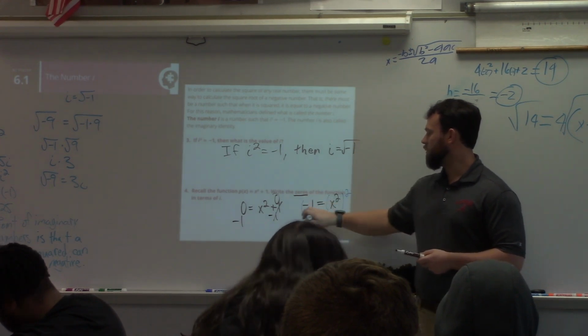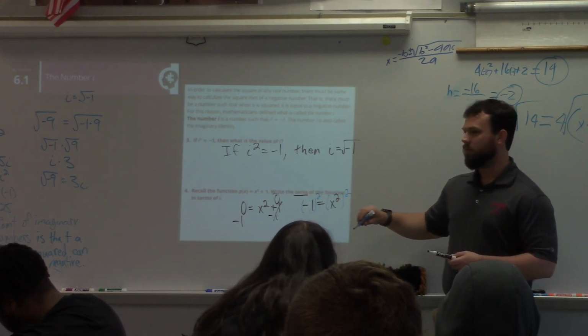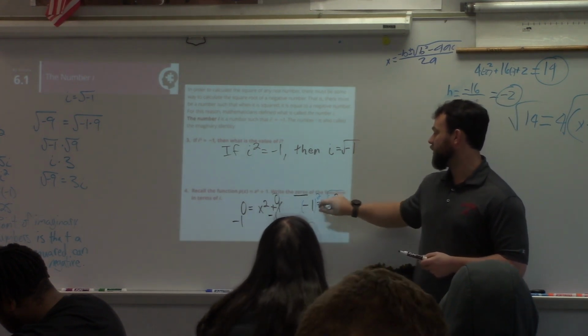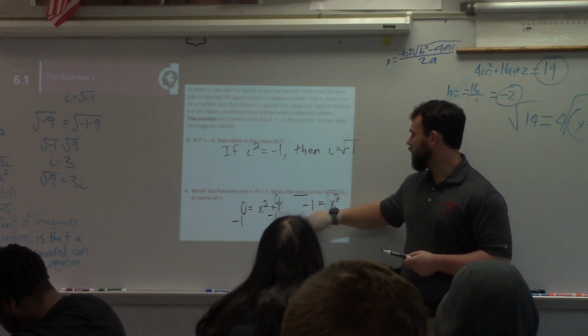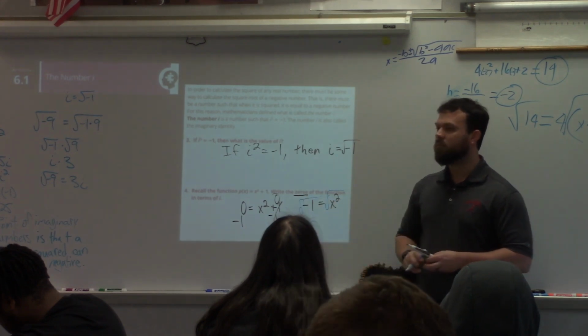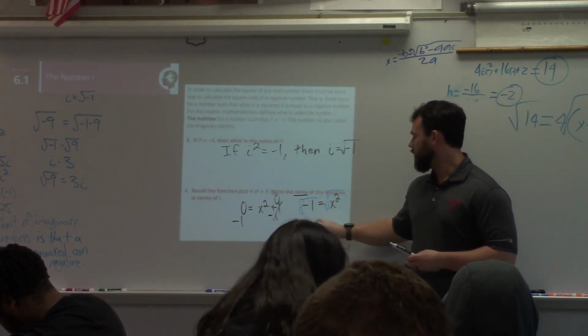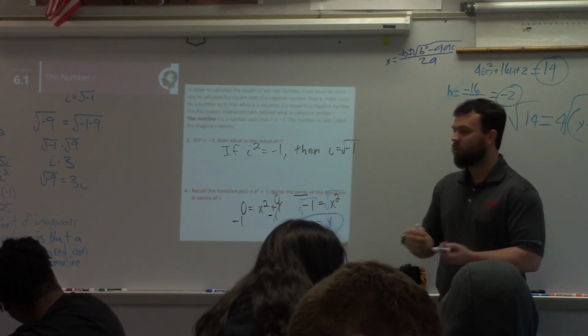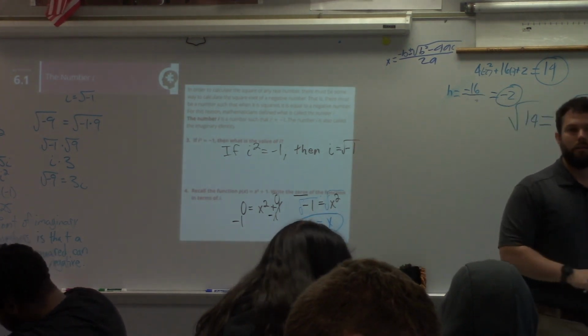Square root, because that's the inverse of a square. And so what is the square root of negative 1? i. And don't forget I need 2, right? Positive and negative i.